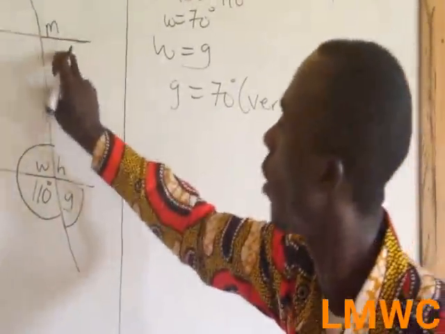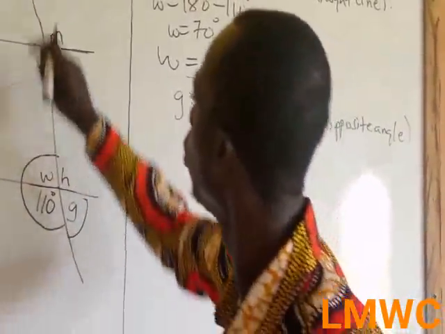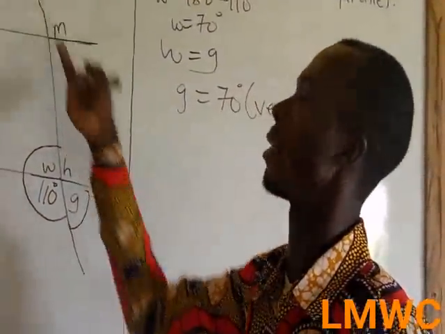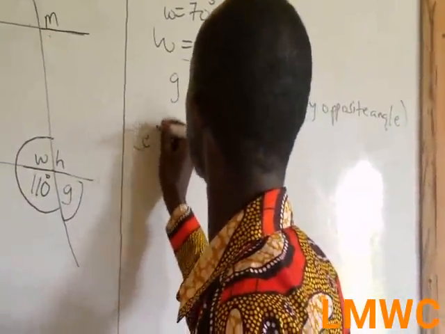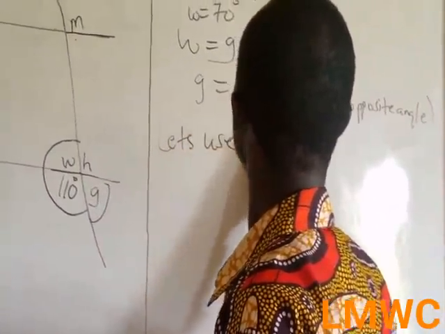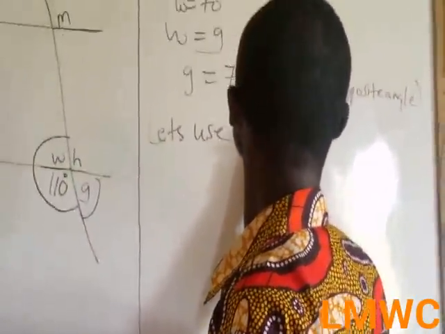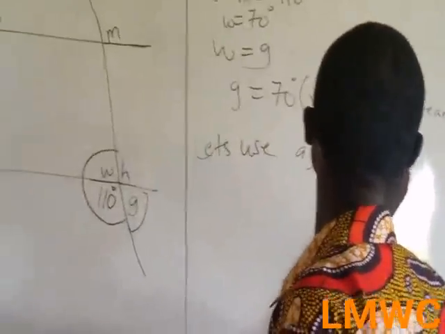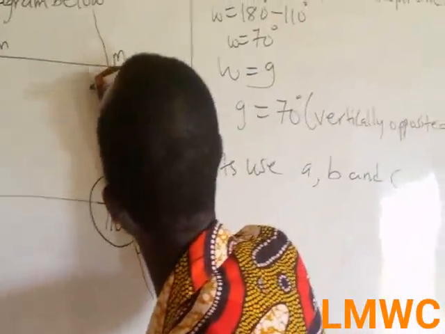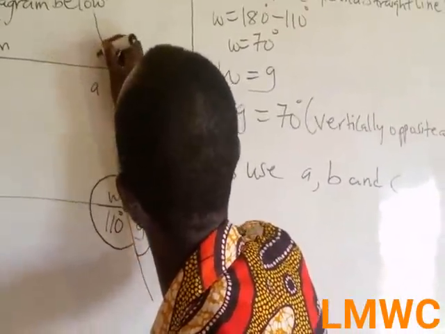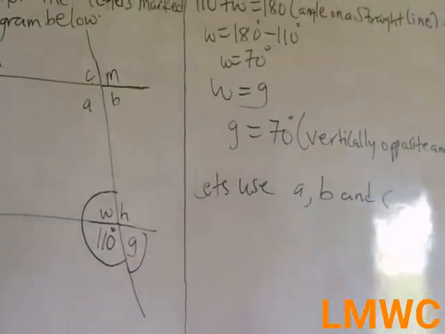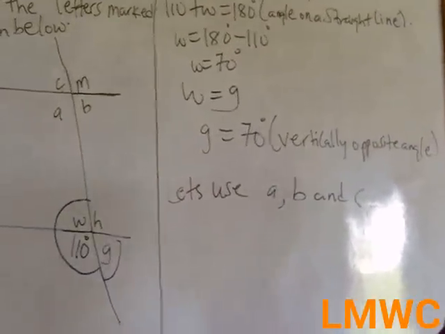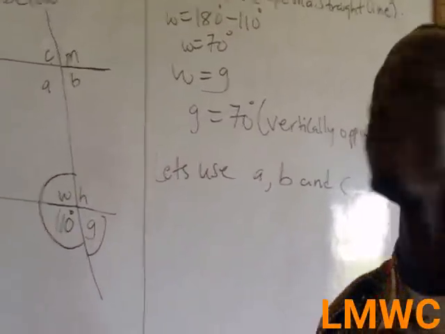So you choose 3 variables for this part. So let's use maybe A, B, and C. So I'll write my A here, B, and C, so that it becomes complete. I'm just confusing you, but it's not difficult.